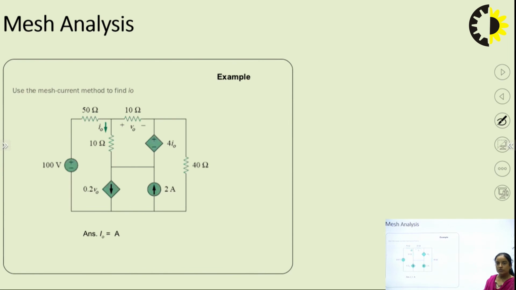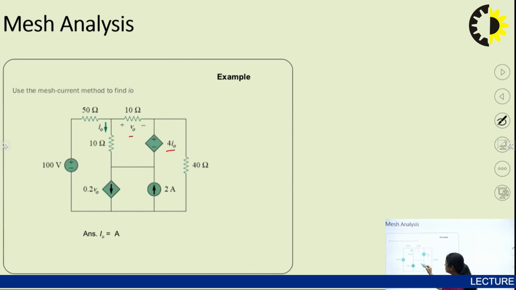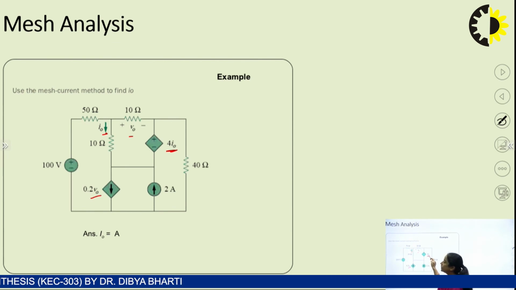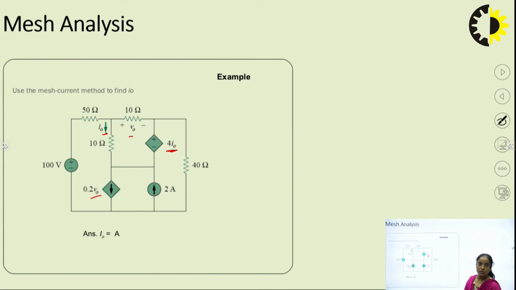Okay, so this is another example. Here, this is a voltage dependent current source, and this is a current dependent voltage source. This is the current on which this source depends. In this case also you can apply mesh analysis. How many meshes are there?